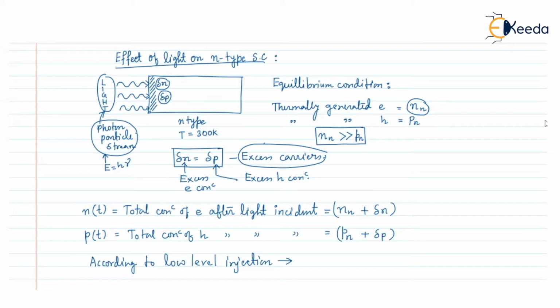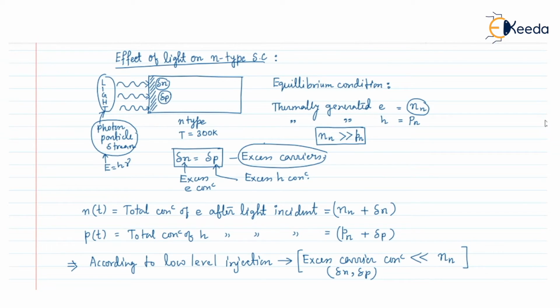Low level injection means that the excess carrier concentrations, del n and del p, are very much less than the majority carrier concentration Nn before the light incidence. If that happens, it is called low level injection. So let us assume that low level injection has taken place.